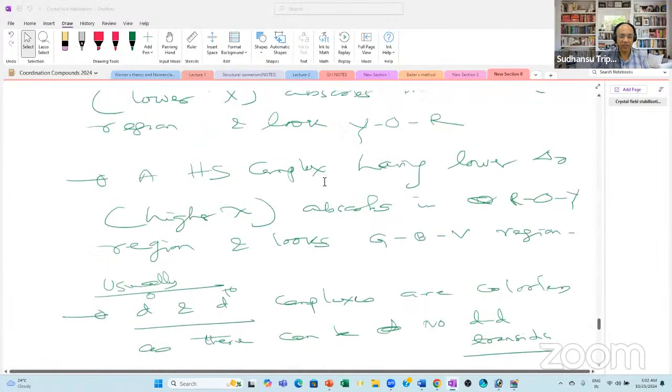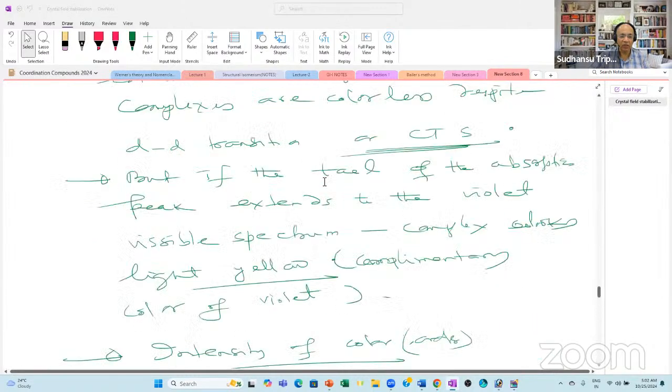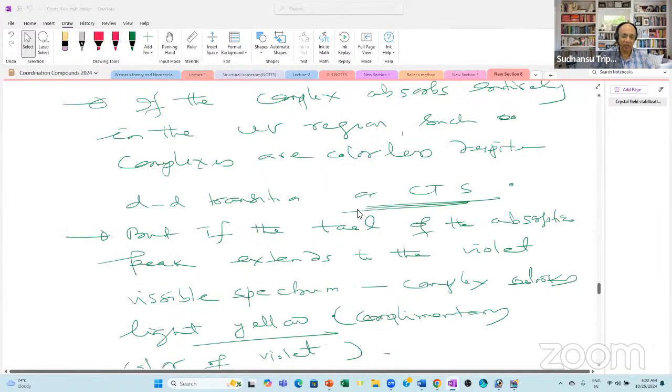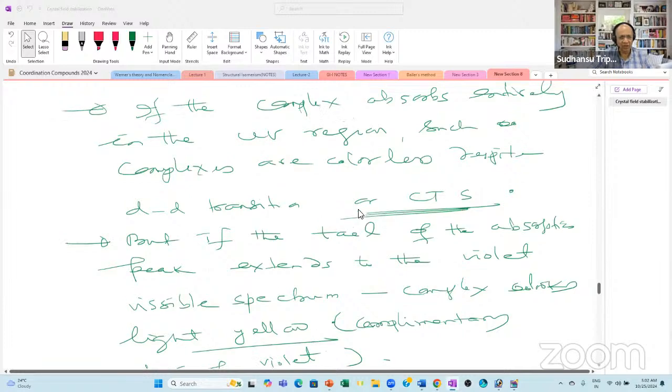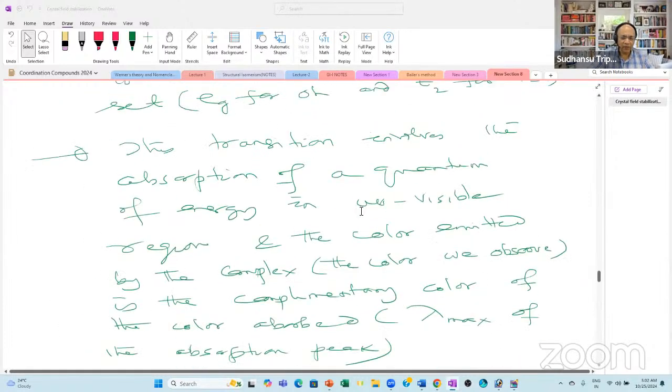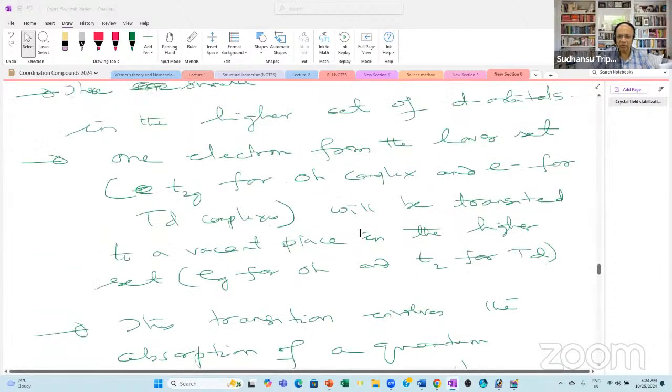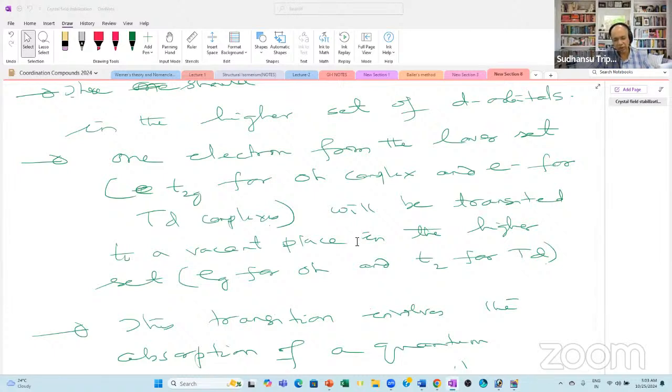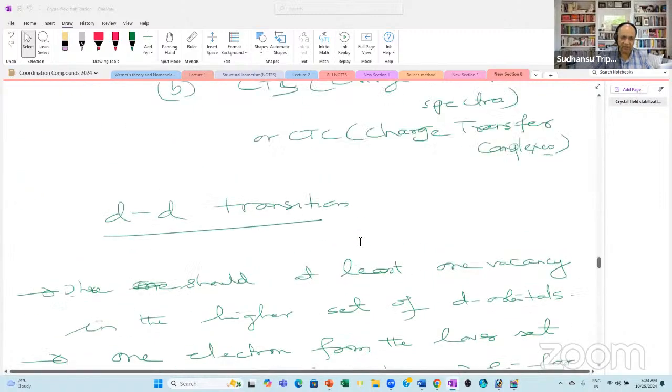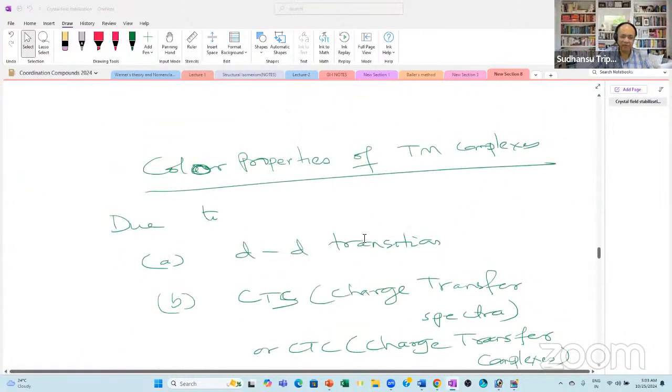Yesterday we had seen that the color of a compound, particularly an inorganic compound, mostly transition metal compounds, and most specifically transition metal complexes, have color properties.